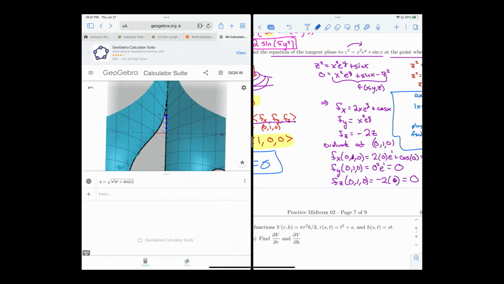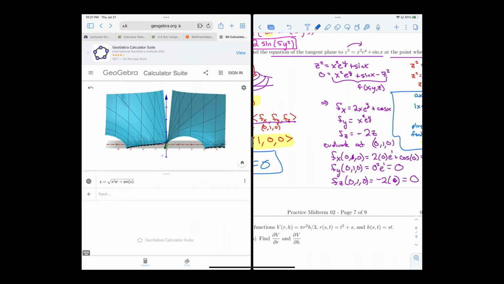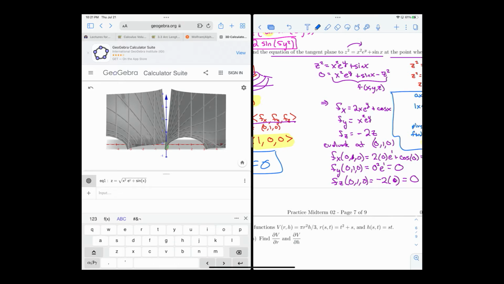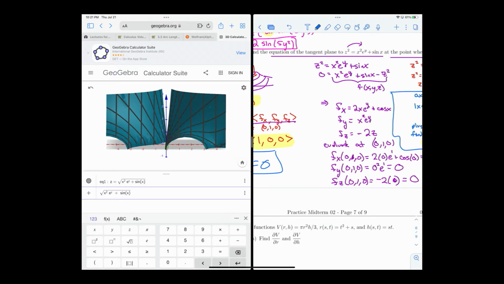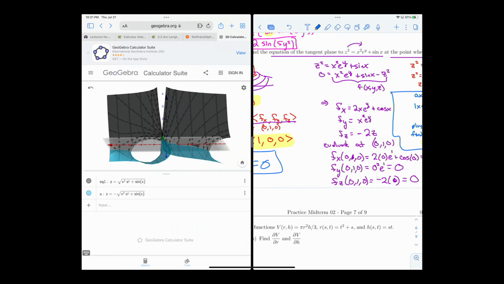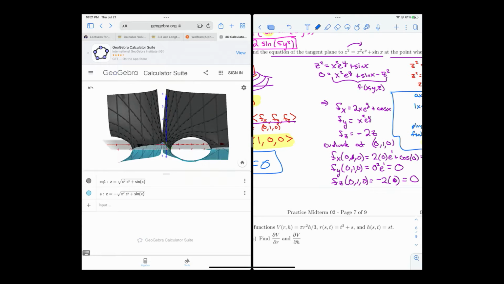Now technically, this is only half of the surface. So I wonder if I can duplicate this. Duplicate it, and then if I go to the beginning here and go z equals, and I put a minus, boom. This is apparently the surface that we're trying to find the tangent plane for.